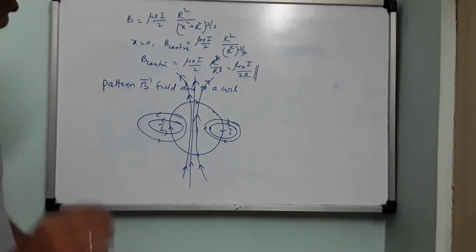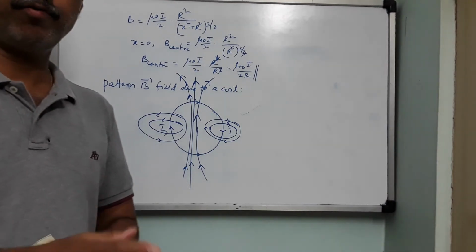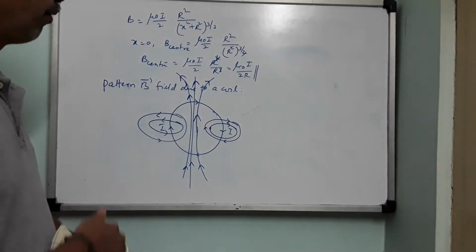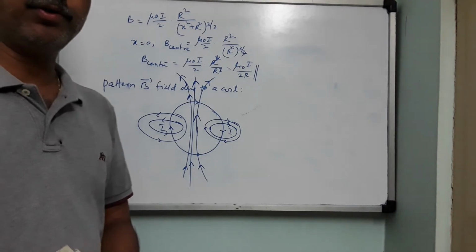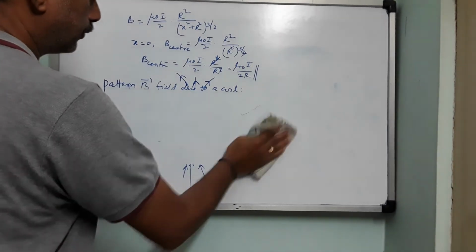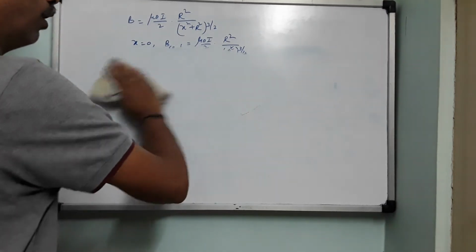Right. So now we have finished Biot-Savart's law. We have defined it, expressed it in vector form, and derived the expression for magnetic field due to a coil. Now we have the second law in magnetism, that is Ampere's circuital law.